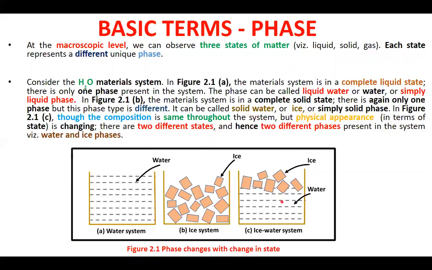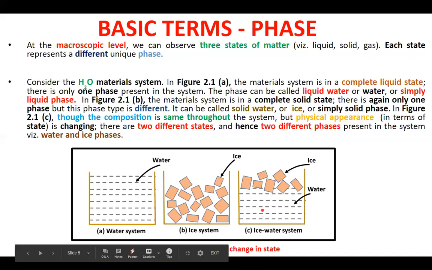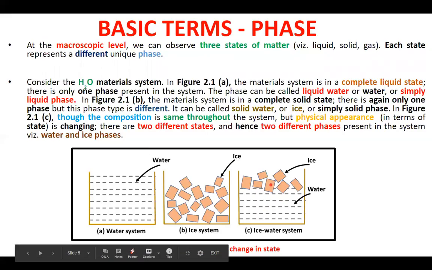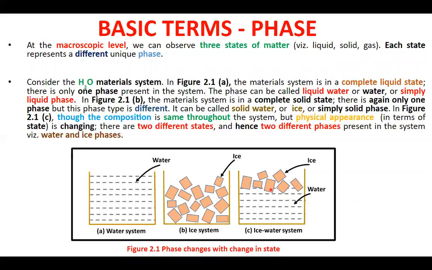Now if it's a mix of ice cubes and water, the chemical composition is the same throughout, H2O, but because the state is different, the phases are different. We have one phase, the liquid phase, and we have the other phase. You can call it solid water, or ice, or anything, but these two phases, the liquid and the solid, are now representing different phases. Fine.